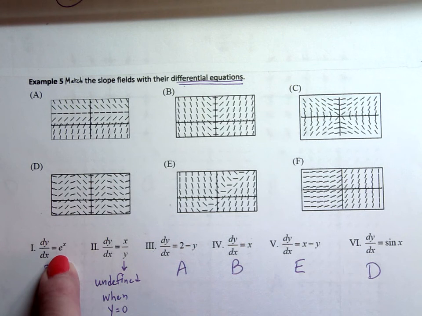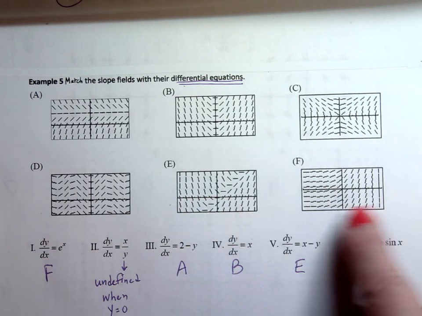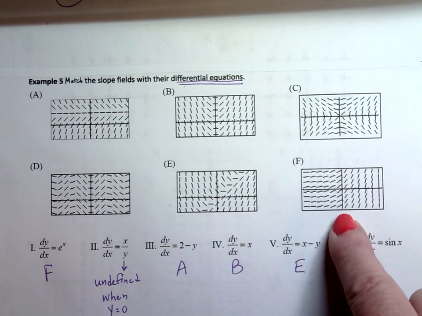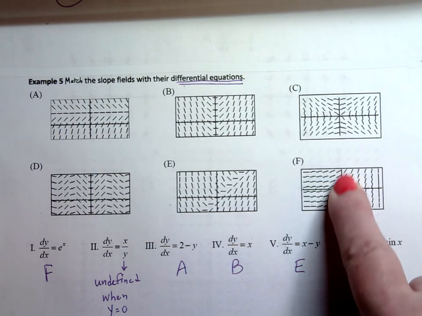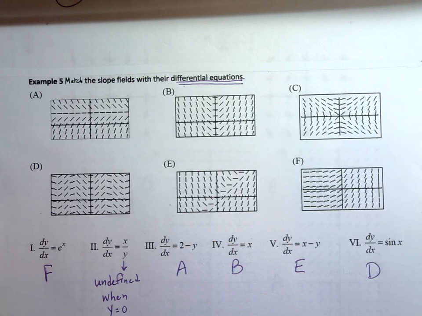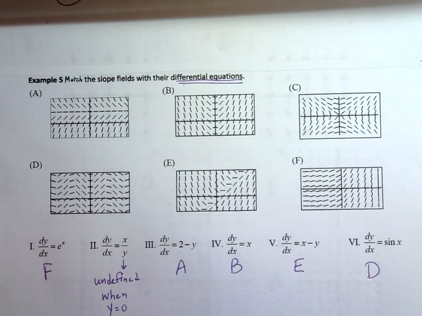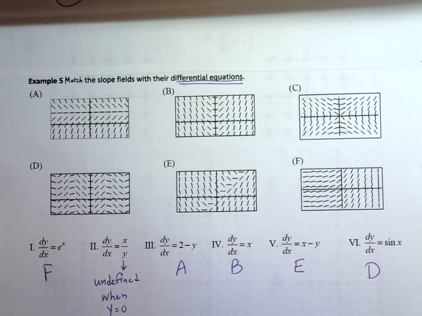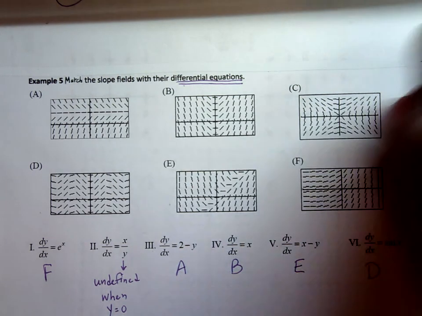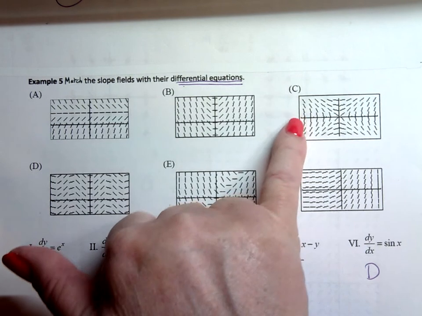So you want to find the graph where when x is 0, all of your y's are 1. And you can see that that does happen with this guy. If I'm at x equals 0, everybody's got the same exact slope values going on. This one, it's undefined when y is 0. So if I look at where it's undefined, when y is 0, that means it's a vertical slope field line. And so a vertical slope field line would be this one, C.